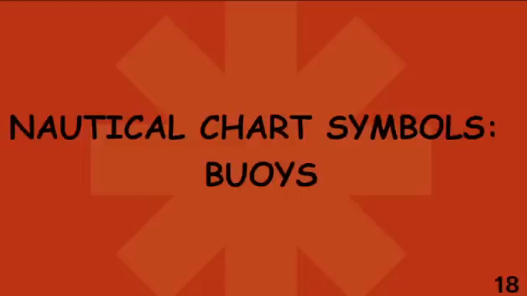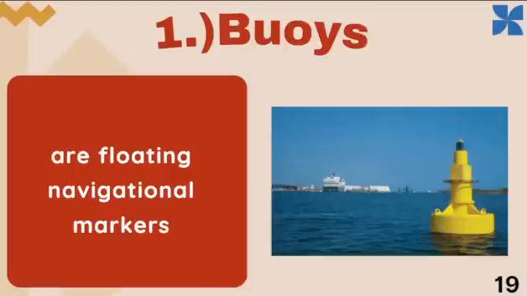So let's talk about nautical chart symbols, buoys. Buoys are floating navigational markers. You can see them in their sample at your right side.